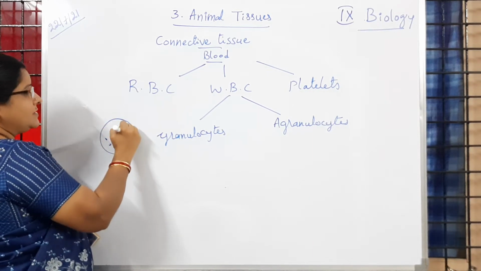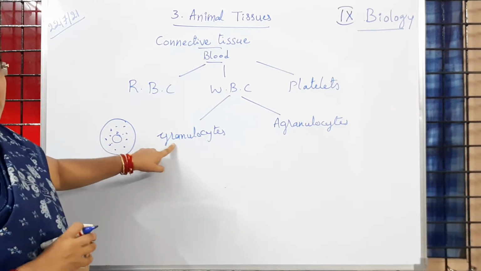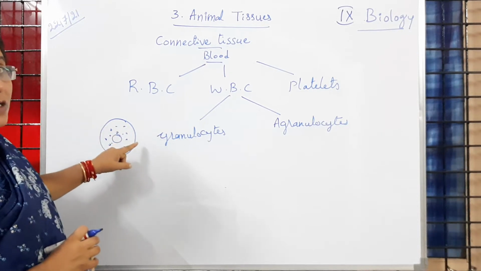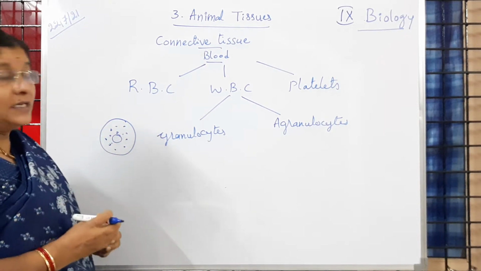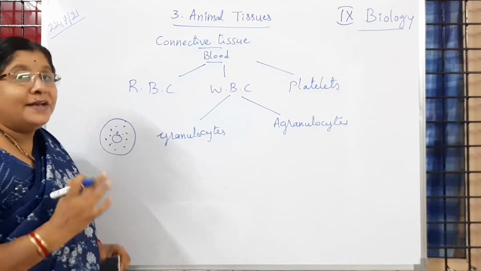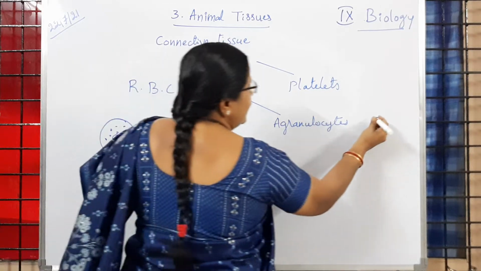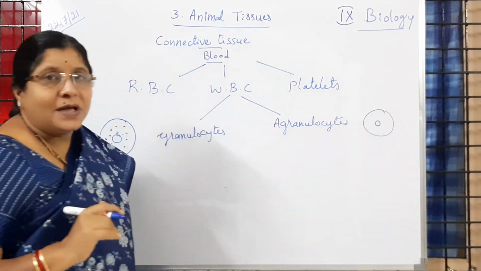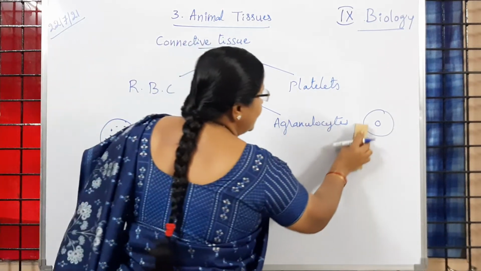Granule-like substances. That's why they are called granulocytes. In the cytoplasm, that granular protein material. So proteins are present in the form of granules in the cytoplasm of granulocytes. That's why that name. Whereas in agranulocytes, we are not going to observe any granules. Just simply cytoplasm we are going to observe. Is it clear to children? That's why the name agranulocytes.